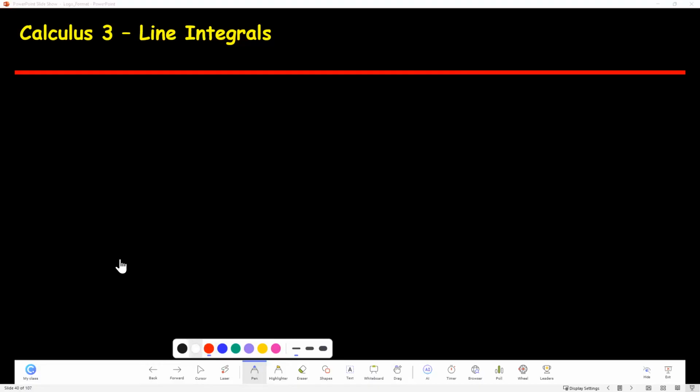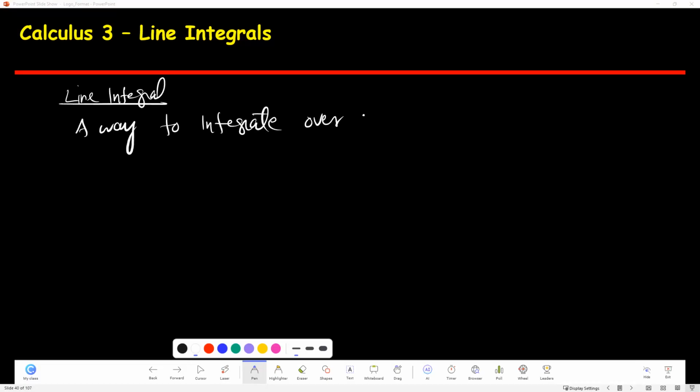So another thing is that line integral is a way to integrate over a scalar or vector function over a curve.